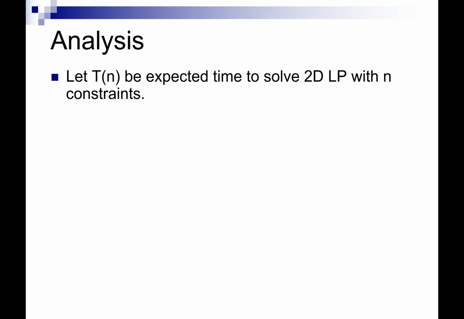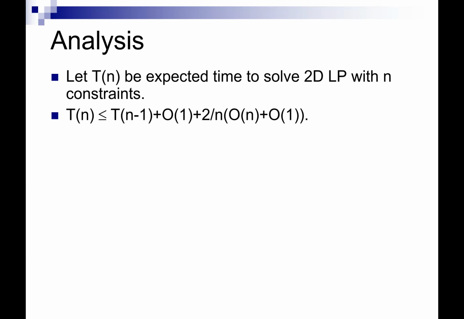Okay, so let T of n be the expected time to solve this two-dimensional LP when there are n constraints. It's a randomized algorithm, so we're just going to look at the expected time. Then you have this equation for the running time.